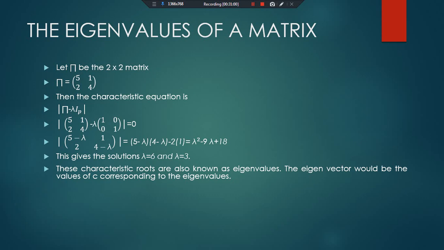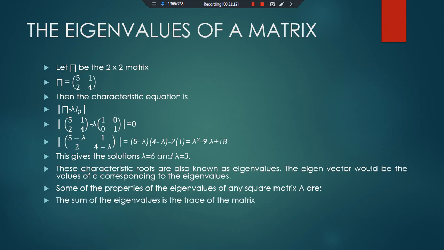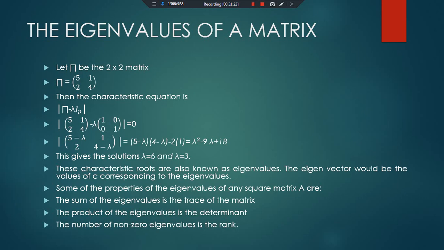The eigenvector would be the value of C corresponding to the eigenvalues. Some of the properties of the eigenvalues of any square matrix are: the sum of the eigenvalues is the trace of the matrix, the product of the eigenvalues is equal to its determinant, and the number of non-zero eigenvalues is the rank.